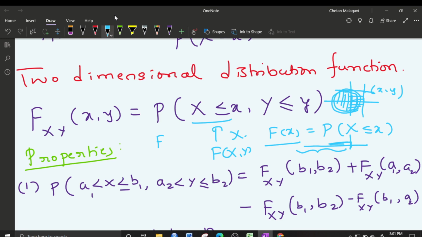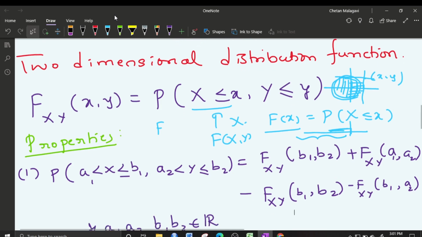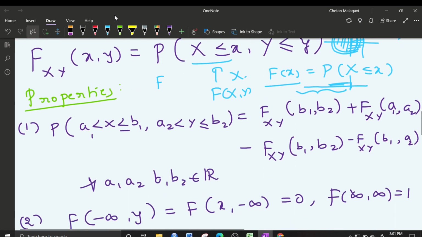Okay, and let us look at a few properties. Probability of a1 less than X less than or equal to b1, and a2 less than Y less than or equal to b2, is given by F of (x, y) at the upper limits, that is (b1, b2), plus the lower limits (a1, a2), minus (b1, a2) and, sorry, it is (b1, b2), (a1, b2) and (a1, a2) minus (b1, a2).